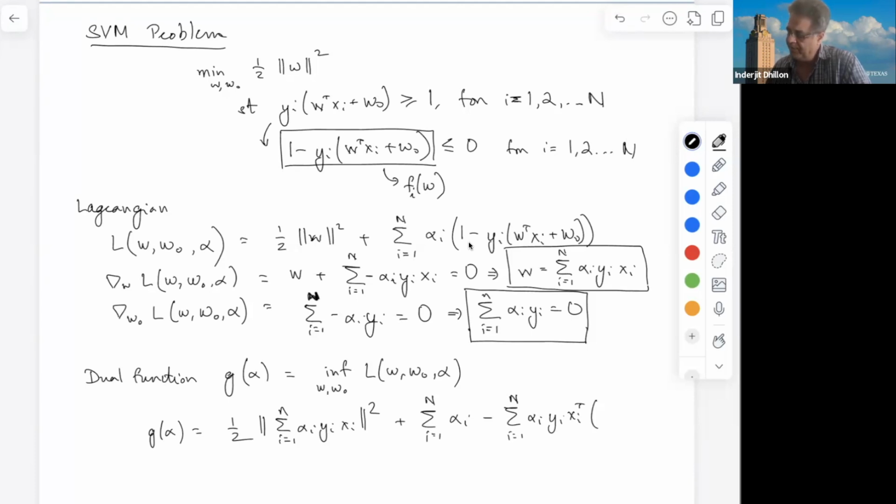And W is alpha I, yi, xi. So any questions? Okay. I just wrote W transpose xi as xi transpose W. It's the same thing, right? And then I just substituted this over here.